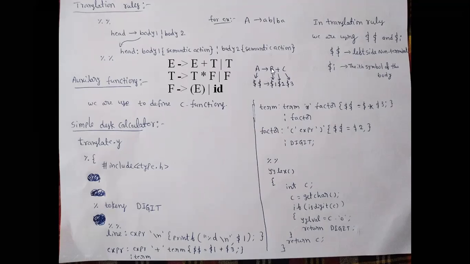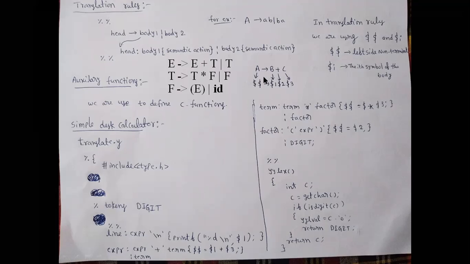Here B is the first symbol of the body, plus is the second symbol of the body, and C is the third symbol of the body, right? So this is the first symbol, this is the second symbol, this is the third symbol. So we can specify $1, $2, $3. So this is the specification of dollar dollar and dollar I.